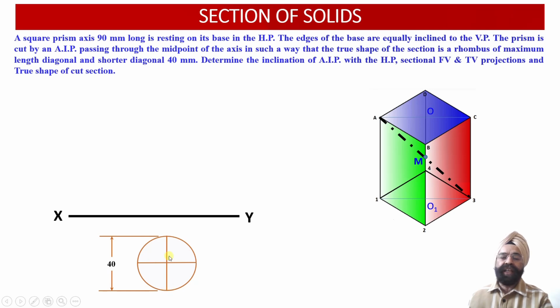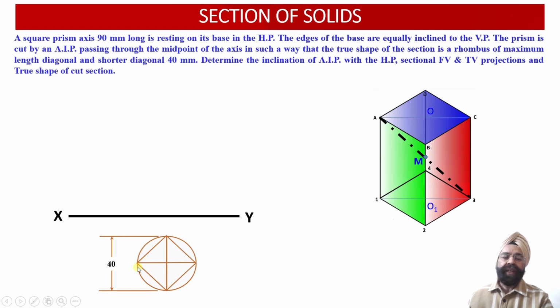Having obtained these two diagonals of the square prism, we can join the points 1, 2, 3, 4 over here, and we can join the points A, B, C, D over here. So these diagonals correspond to the 1, 3 and 2, 4 diagonals of the square prism. Now we can join the edges of the prism.